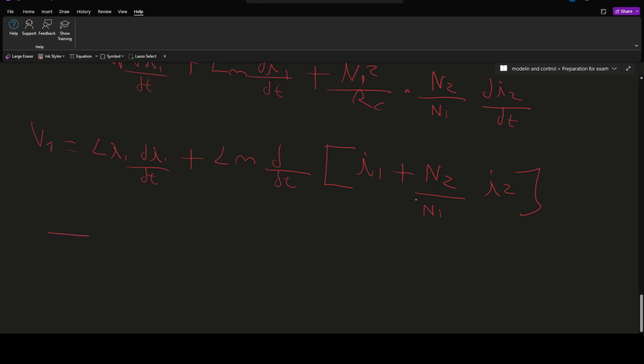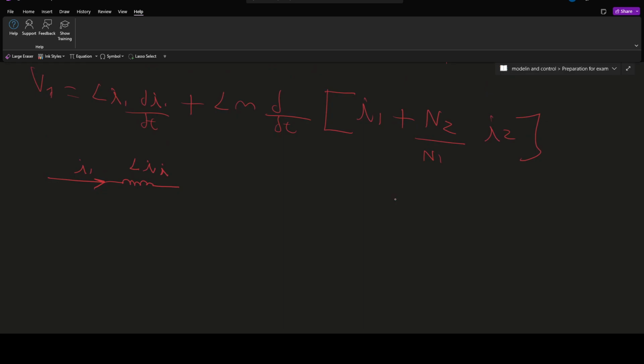So we know that we are going to have here an I1. Okay, we have an I1 and we have an inductance. So I'm gonna draw a small inductance because this is the inductance due to the leakage, so it should be small.